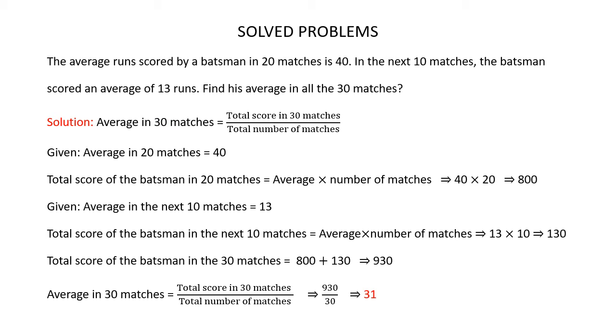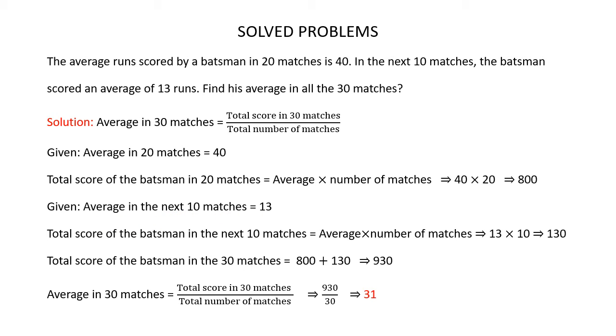Now it's given that the average in 20 matches is 40. So the total score of the batsman in 20 matches is equal to average multiplied by number of matches. This is 40 multiplied by 20, which is 800. So the total score of the batsman in 20 matches is 800. Now it's given that the average in the next 10 matches is 13.